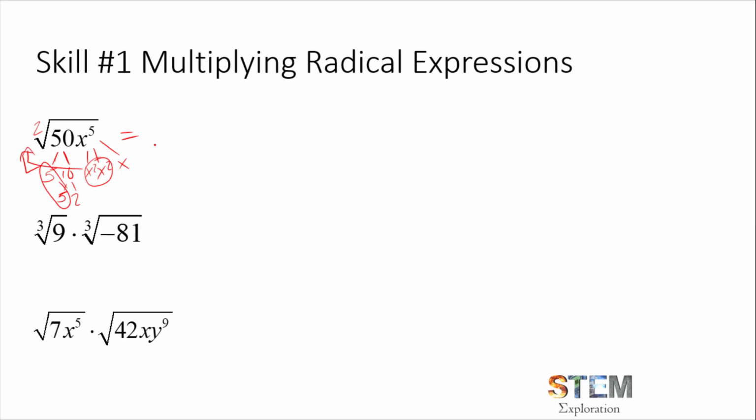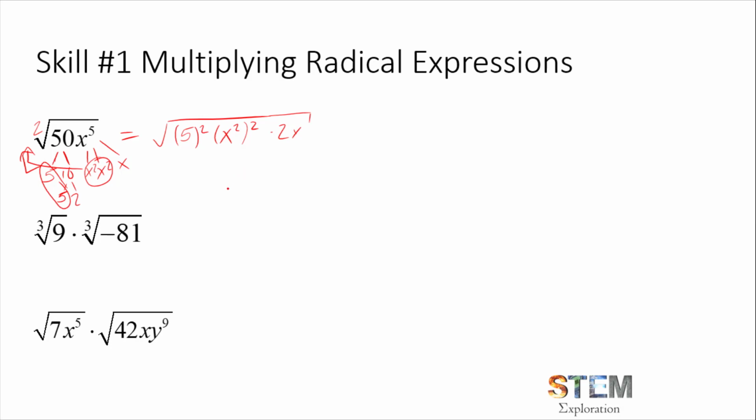Another way, like we demonstrated in the video, is we could look at it from the perspective of 5 squared times x squared times 2x, all under the radical sign here.